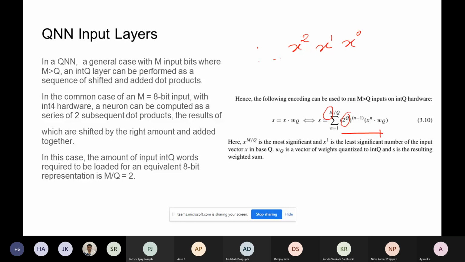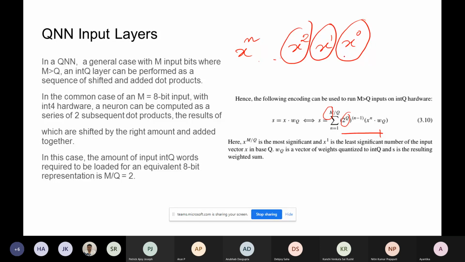Okay, you have these X values. Now these X values, you are basically representing them, not choosing them. Like in binary, we consider the coefficient of these values.